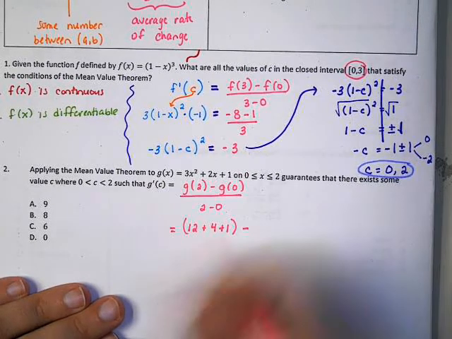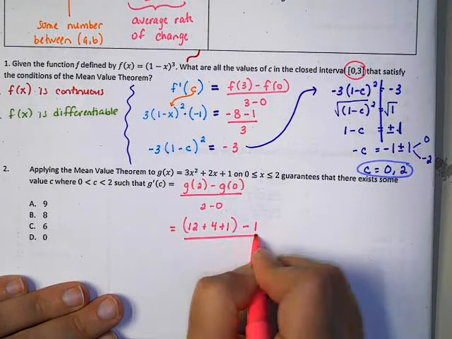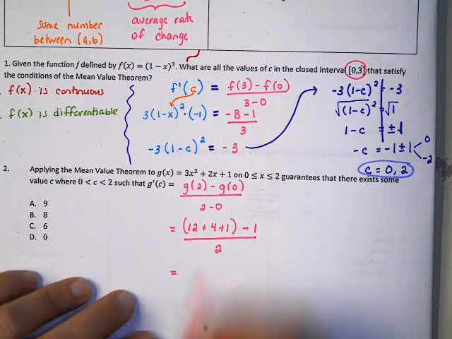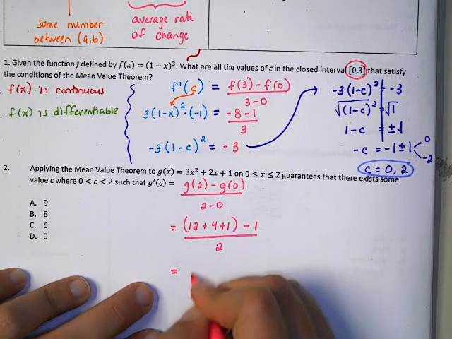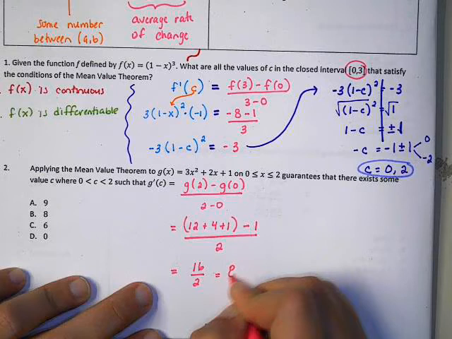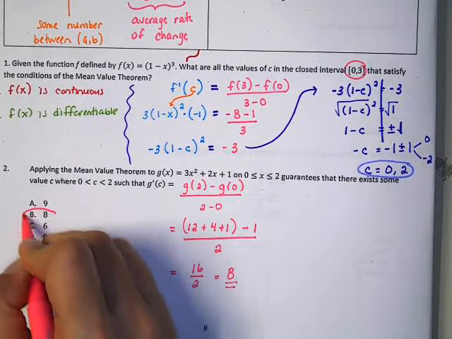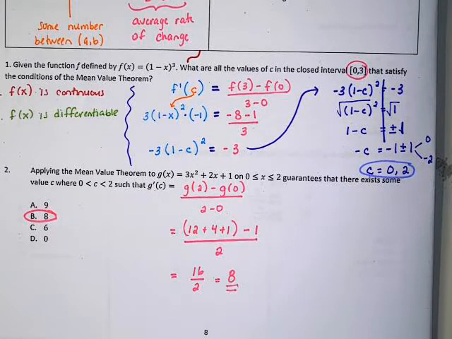And g of 0 would just be 1, all over 2. If I simplify that a little bit more, I would have 16 plus 1 is 17, minus 1 is 16, over 2, which is 8. So my derivative has to equal 8 somewhere. Now this time it's not asking me to figure out where that happens, it's just saying what it would have to equal.